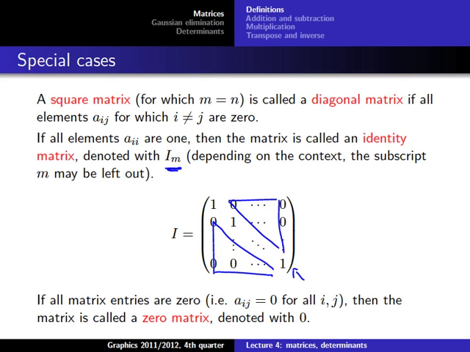Depending on the context, we sometimes leave it out and just write a large letter I to denote the identity matrix. And if all the values are zero, then we have another type of matrix which we call the zero matrix, which we denote with a large O or a large 0. That is the matrix where all coefficients are 0.